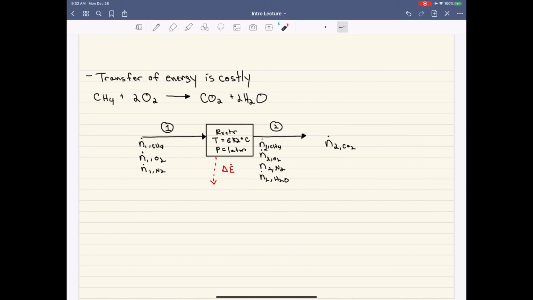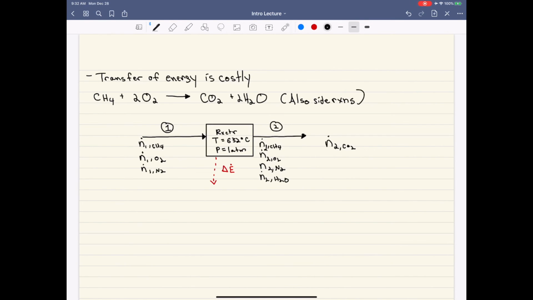So instead of just having the CO2 and water come out, you're also going to have some CH4 and O2 come out. In addition, you're not just going to have your main reaction, the combustion of methane into carbon dioxide, but there are also going to be some side reactions that occur.